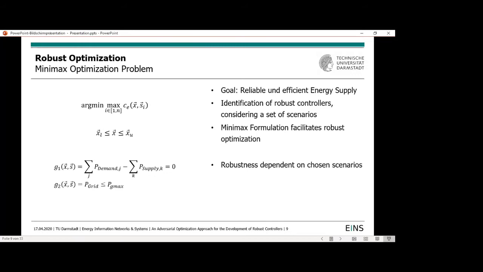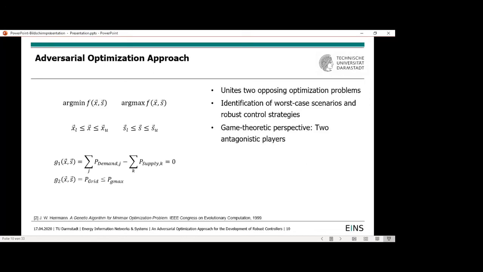For this, it is necessary to incorporate these worst case or very severe scenarios directly into the optimization problem. Identifying these worst case scenarios for bigger and more complex scenario sets can itself become an optimization problem. And this is where the adversarial optimization approach starts.